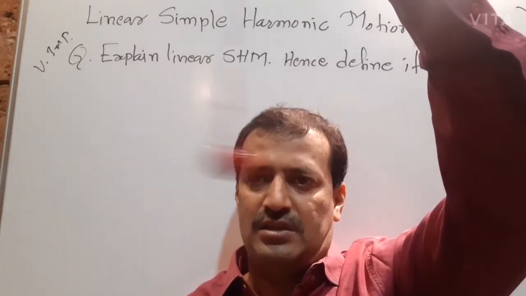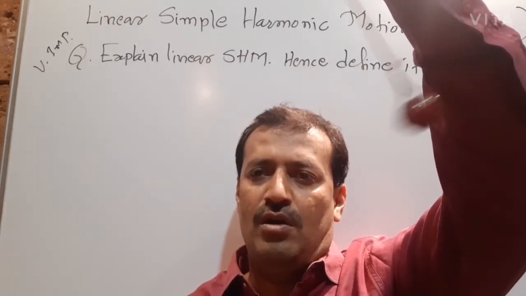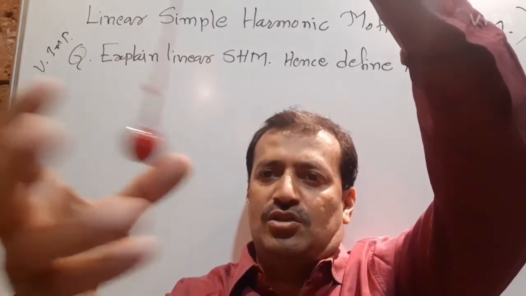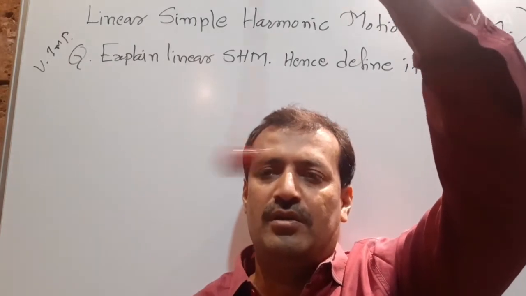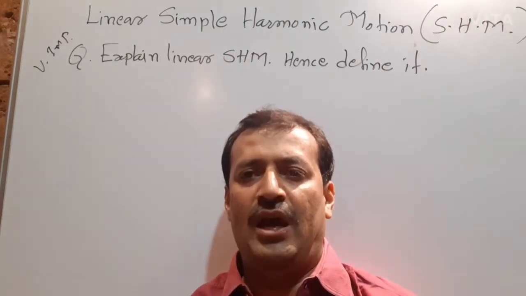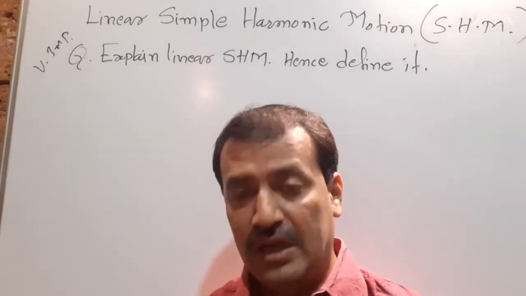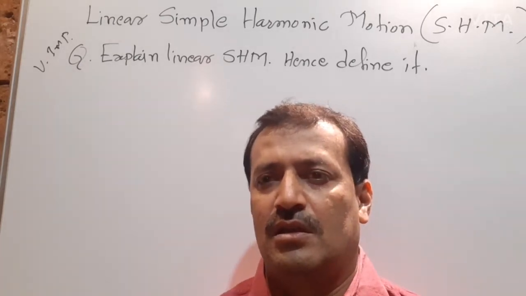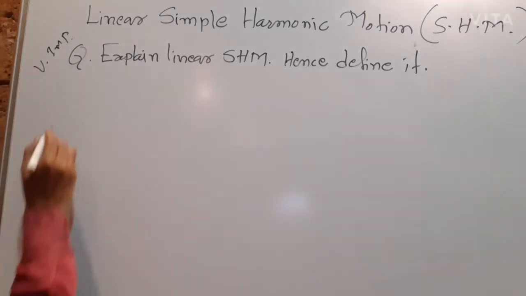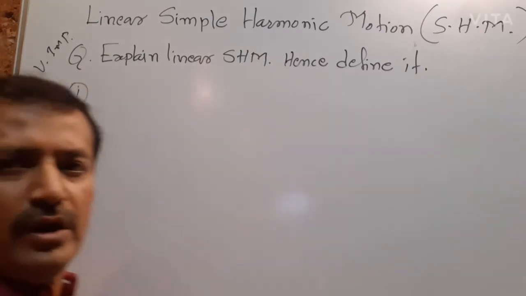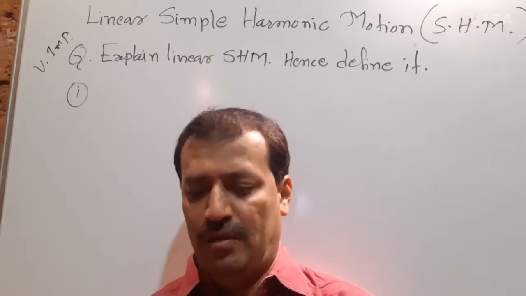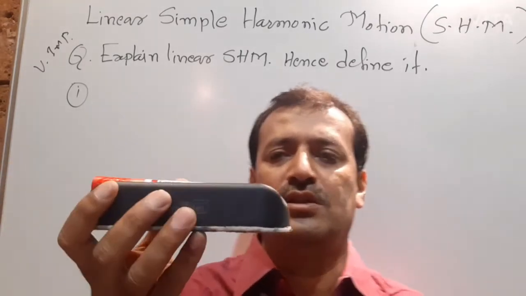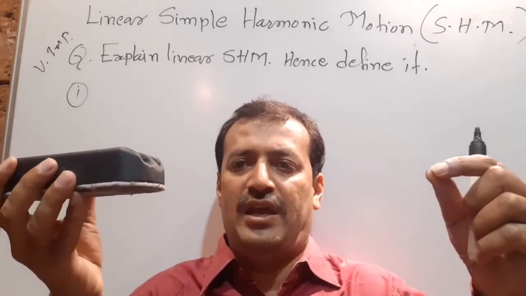In this case, we are not able to understand which force exerts on the bob and pulls it towards the mean position, and therefore we make an arrangement of a spring. So our first point is to consider a block placed on a plain horizontal surface with a spring attached to it.